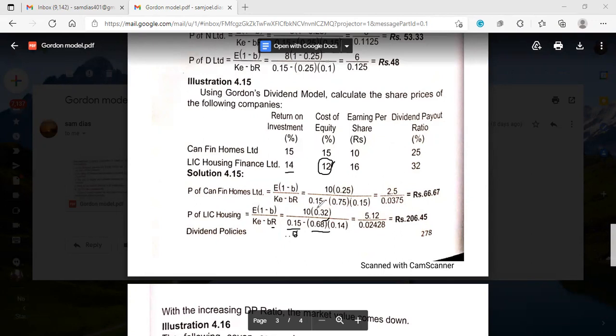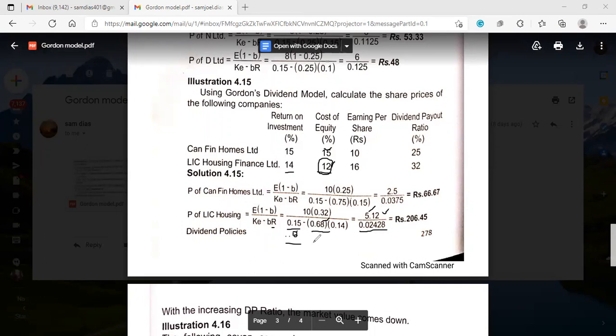Now in the numerator I think we'll get the same figure, 5.12. What changes is the denominator, because of 0.12 instead of 0.15. They have taken, I believe, that figure, but they are supposed to take this, 12%, which stands for 0.12. Let's do the calculation.